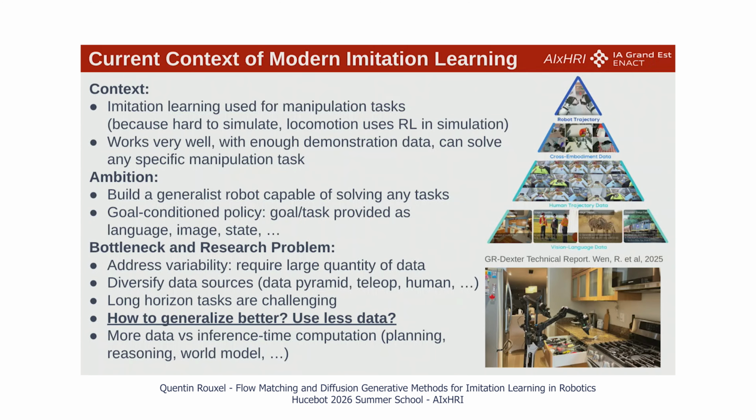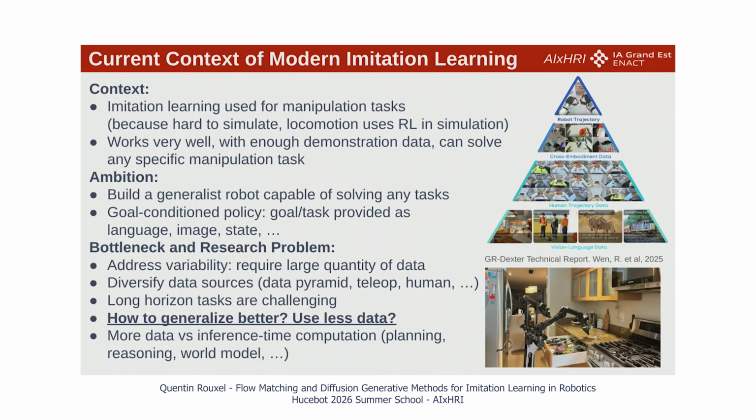Because reinforcement learning requires simulation, requires many evaluations of the policy, which is sample inefficient, and we have simulators that can handle locomotion very well. This is easy, but it's harder to simulate contact, harder to simulate manipulation.